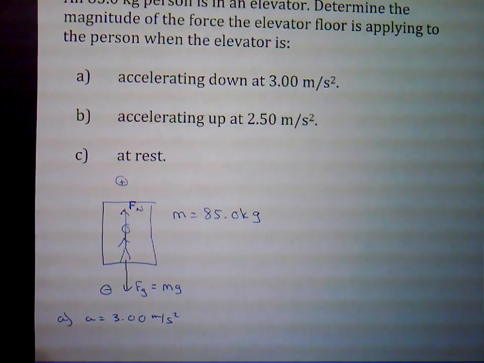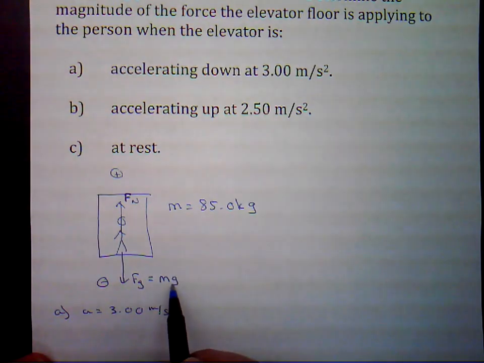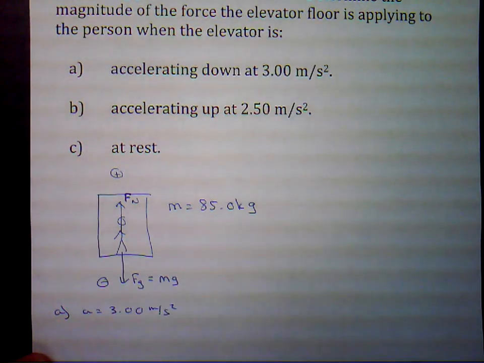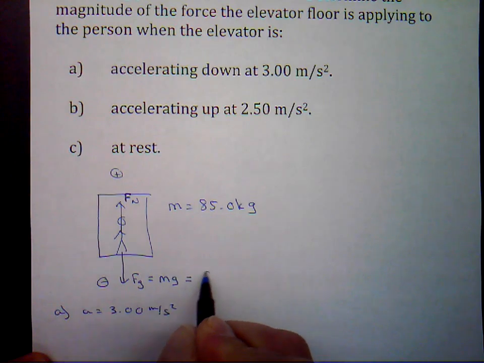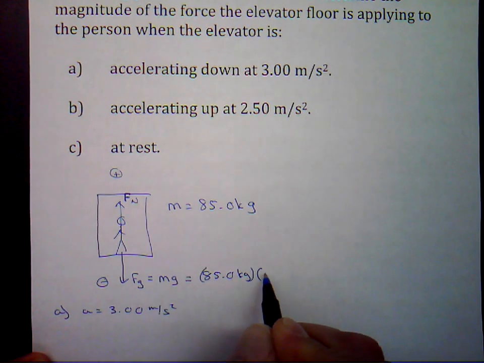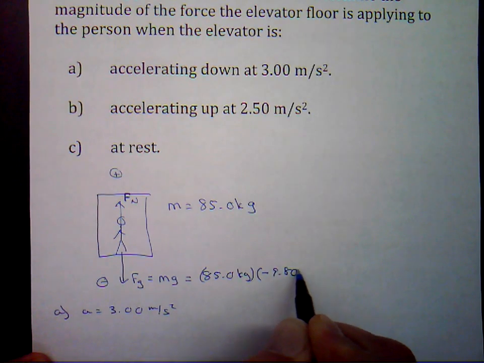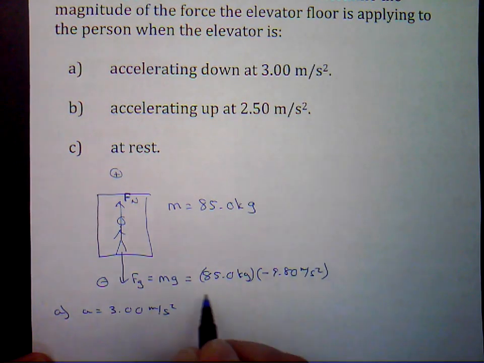Now there's some information we can determine here. Since we know mass is 85 kilograms and acceleration of gravity is always 9.80 meters per second squared, we can determine the force of gravity acting on the person. The mass is 85.0 kilograms. The acceleration of gravity is negative 9.80 meters per second squared. It's negative because acceleration of gravity is always down.